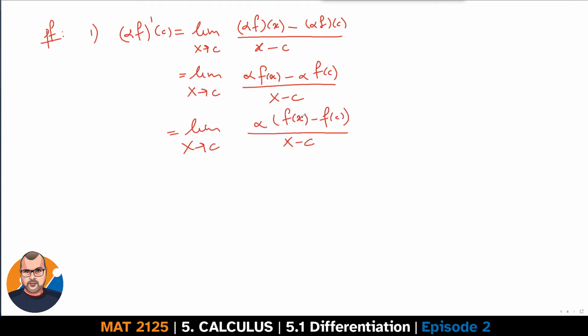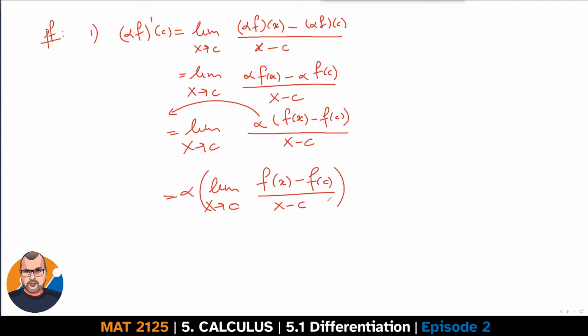And if the limit exists, then you can take the alpha outside, and you end up with the product of alpha with the limit when x goes to c of the differential quotient f at x minus f at c divided by x minus c.